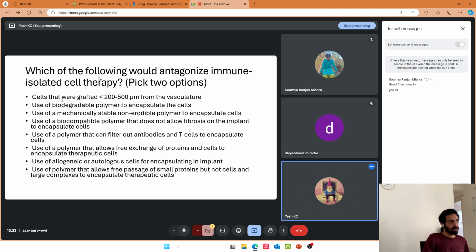Any idea? It may be use of a biocompatible polymer that does not allow fibrosis on the implant to encapsulate the cells. Okay. And what could be the other option?